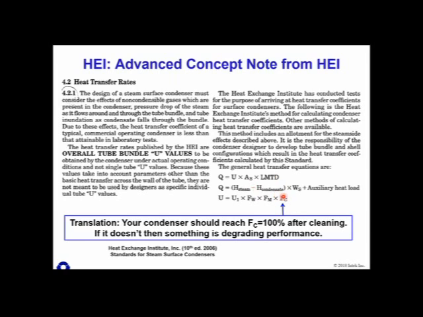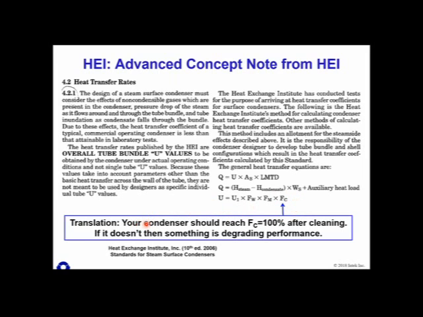And so if you go to your condenser manual and you see a cleanliness factor of 85%, your condenser manufacturer put a 15% margin on the condenser based on whatever agreements were made at the time of purchase to oversize the condenser for your particular application.